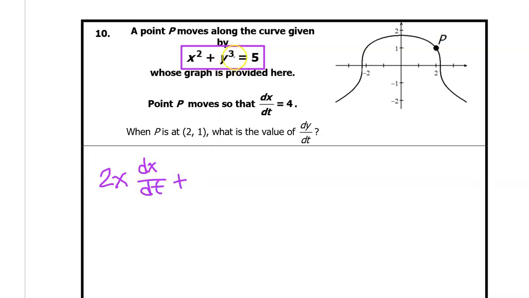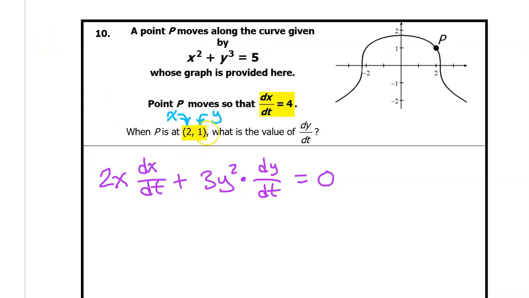Similarly, with the y term, the derivative of the outer function is 3y squared. But then the chain rule demands that we multiply by dy dt. The derivative of a constant is 0. They have given us an x and a y and the value of dx dt. So let's make those substitutions.